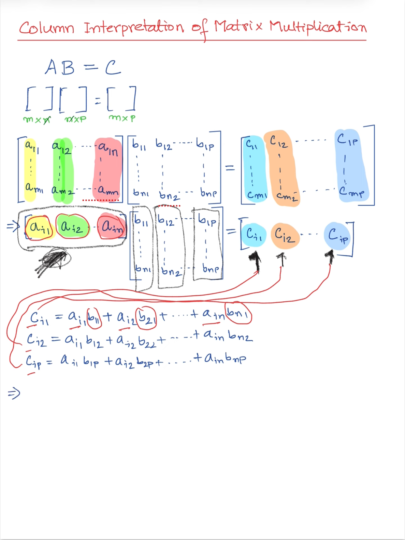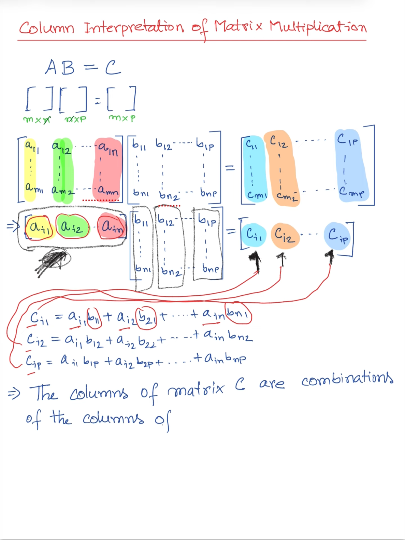So this basically means that the columns of matrix C are combinations of the columns of matrix A. Let's write it this way.